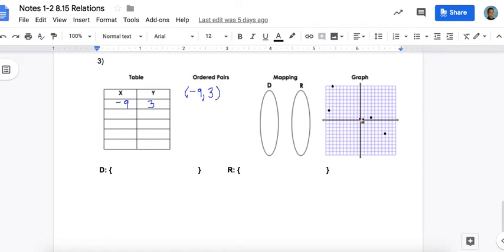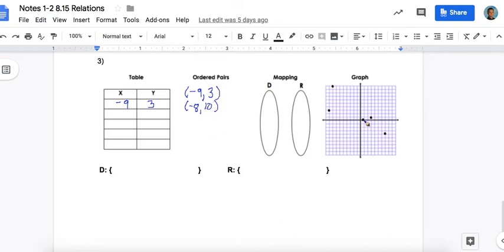Okay, now this one is almost all the way to -9, but it's 1 before it, so we know this is going to be -8. And then we count up: 1, 2, 3, 4, 5, 6, 7, 8, 9, 10. So this is -8, 10.